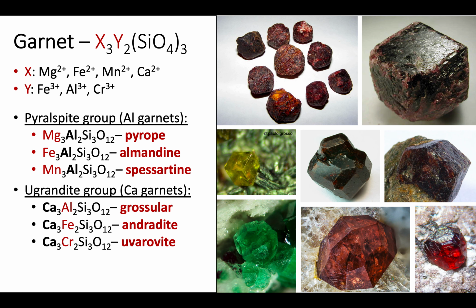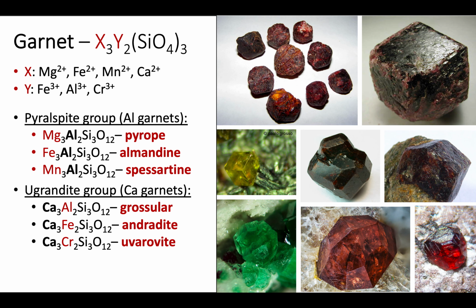The X in the formula is a site for a 2+ cation. So that's going to be taking in magnesium or ferrous iron or manganese or calcium. The Y site is going to be taking in 3+ cations, so we can get ferric iron, aluminum 3+ or chromium 3+ as the main cations in that site.